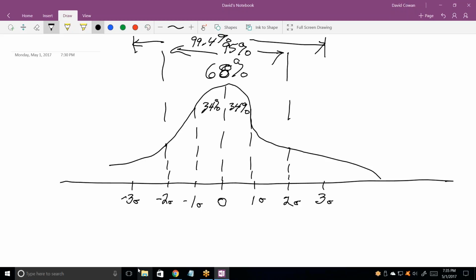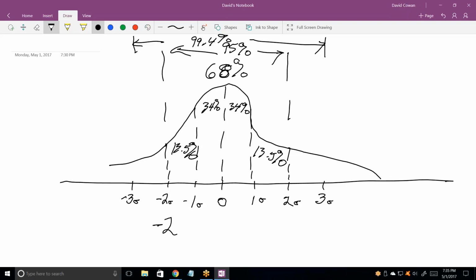If that's 68, I got another 27, that's 13 and a half there, and 13 and a half here. Now, your problem said what percentage of the data falls between -2 and 1? Is that correct? Yes, sir.